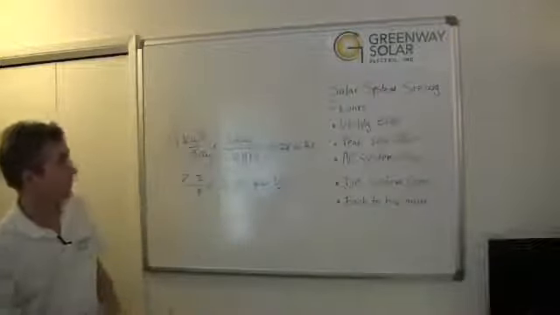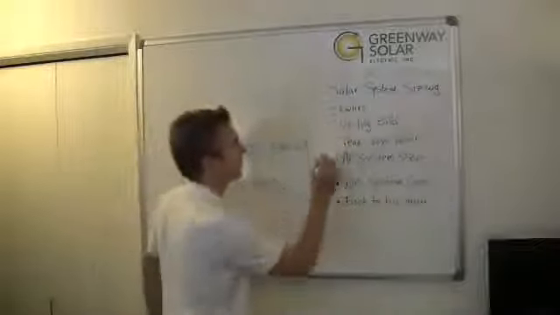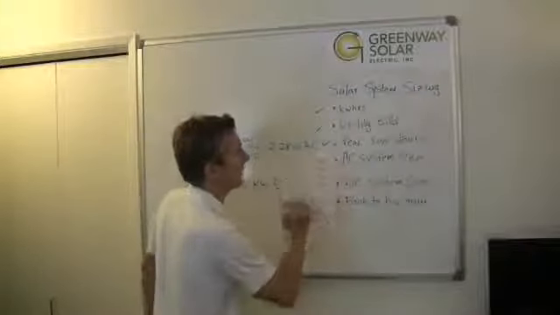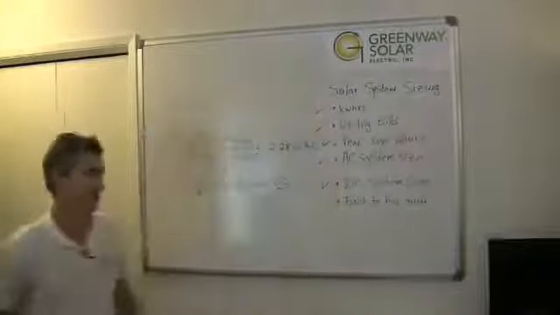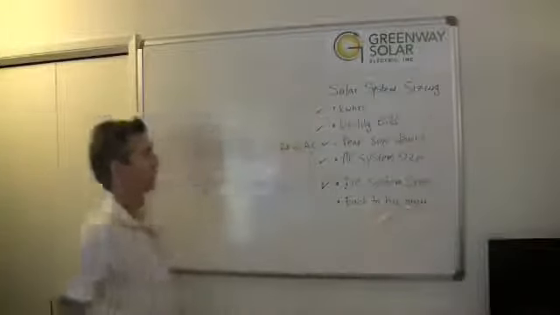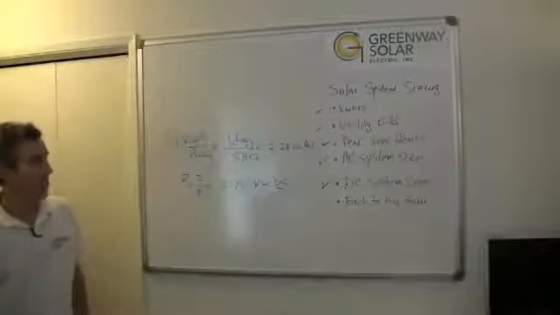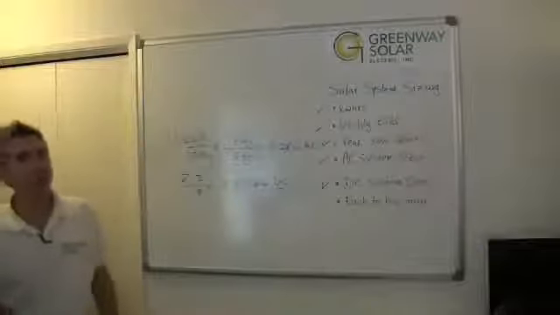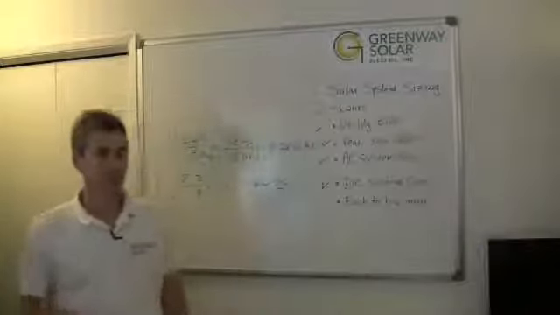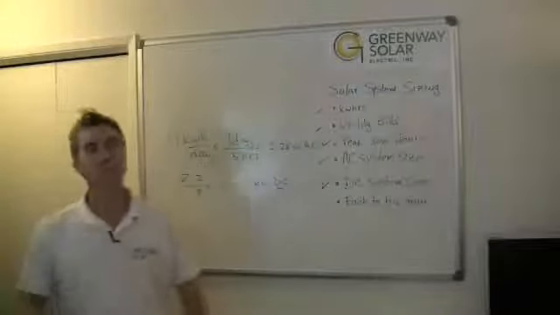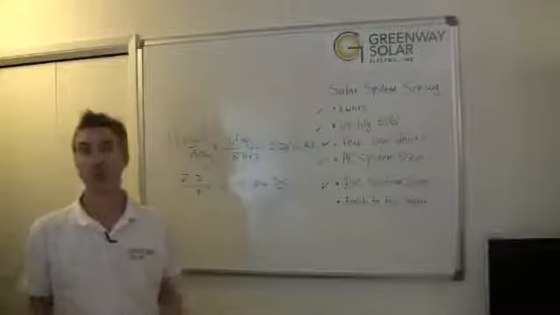Alrighty, so we've covered kilowatt hours, utility bills, peak sun hours, AC system, and DC system sizing. Now, each to his own here. Not every customer, and we sell a lot of solar systems, wants to offset all of their power.